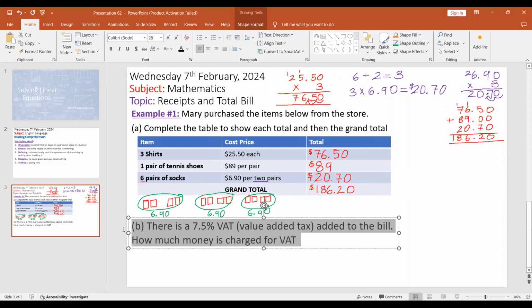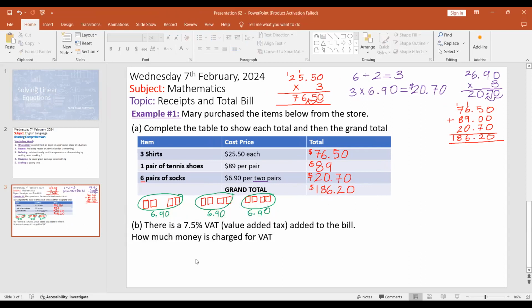Very good. So this is an interesting question. They said that there is a 7.5% VAT added to the bill. How much money is charged for VAT?